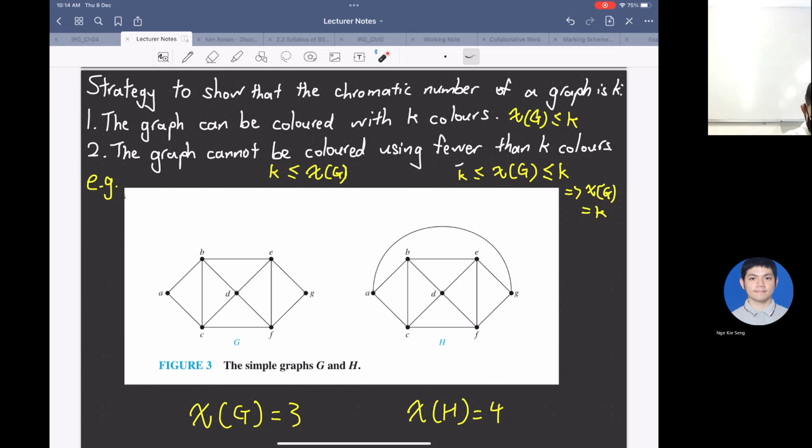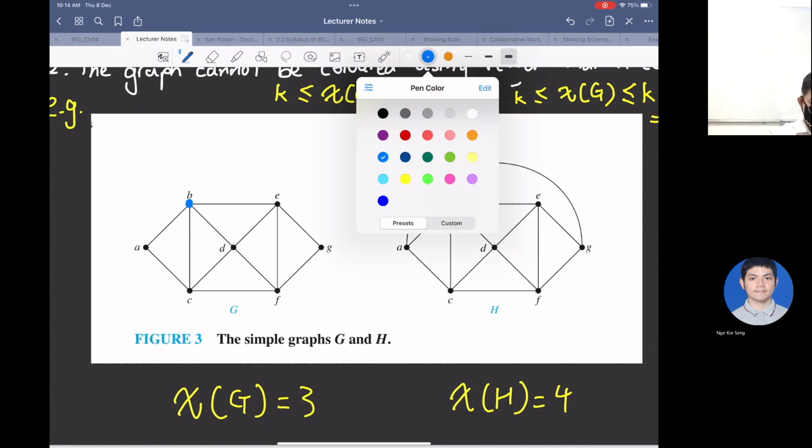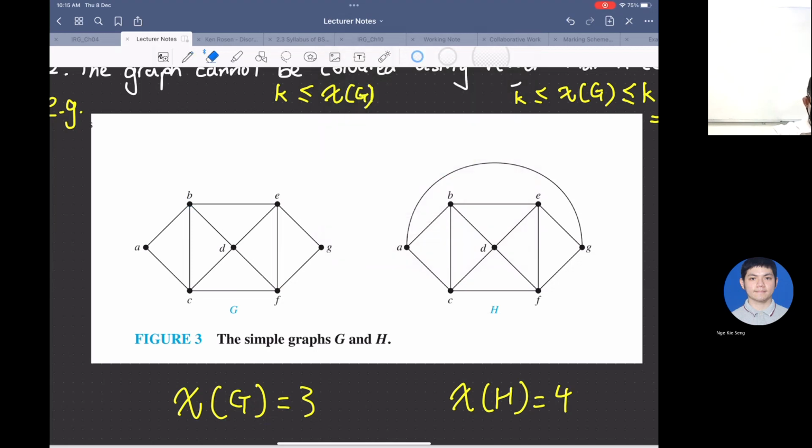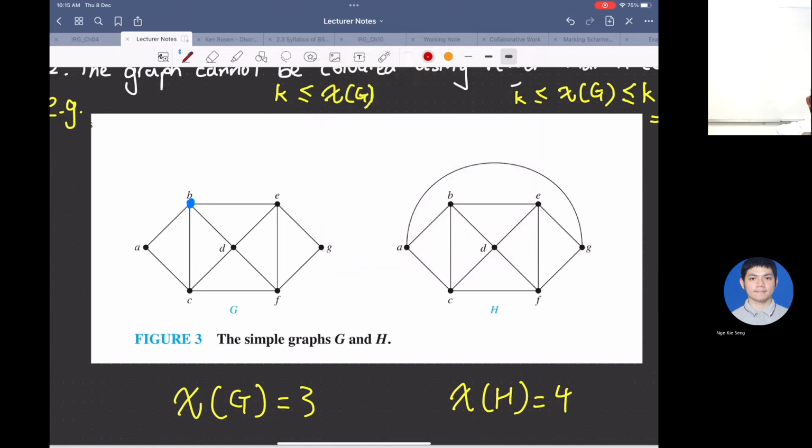Don't worry. For example, in G here, we want to show that the chromatic number of G is 3. First we need to show that you can use 3 colors to color this graph. Let's say A is black. We can put B as blue. Since C connects to B and A, C has to be a different color than black and blue, so maybe we put red.